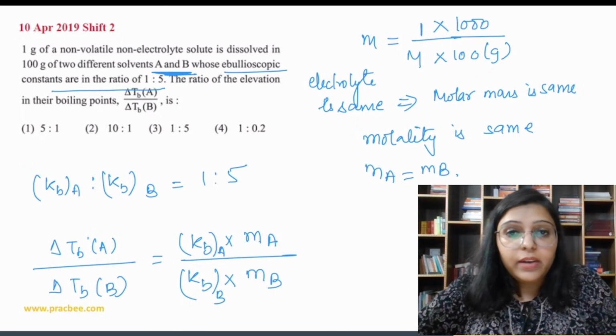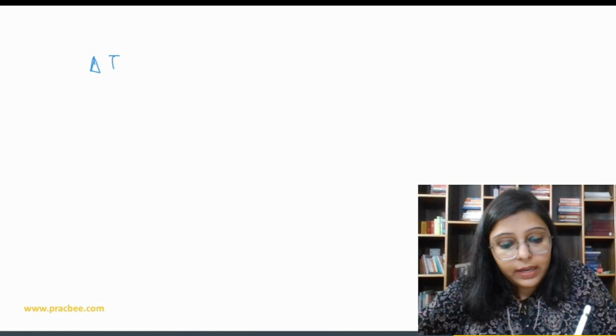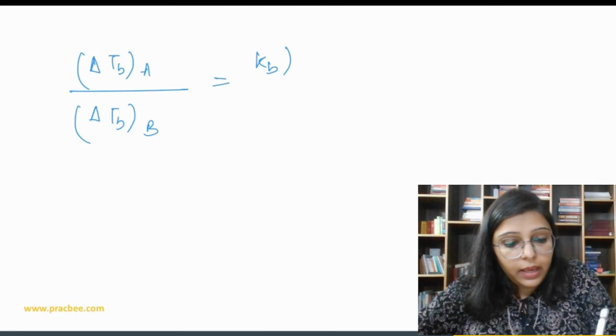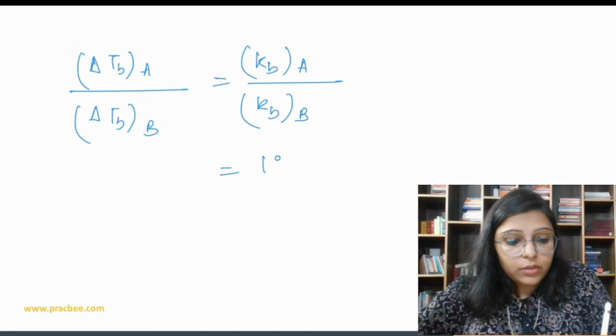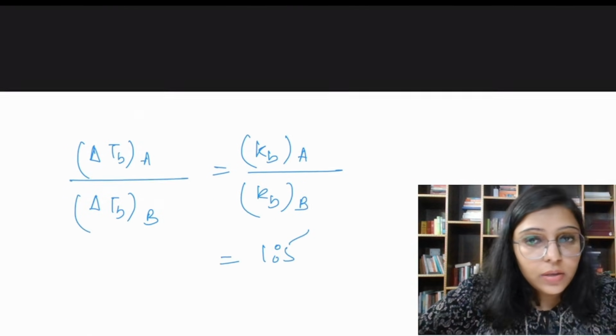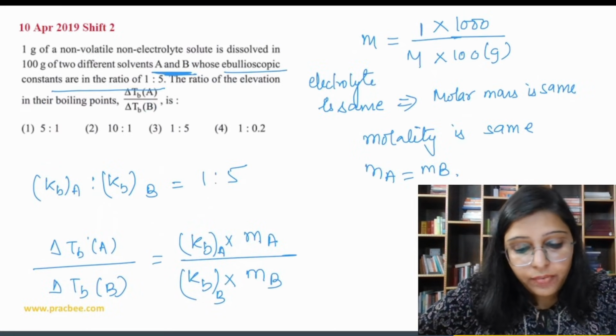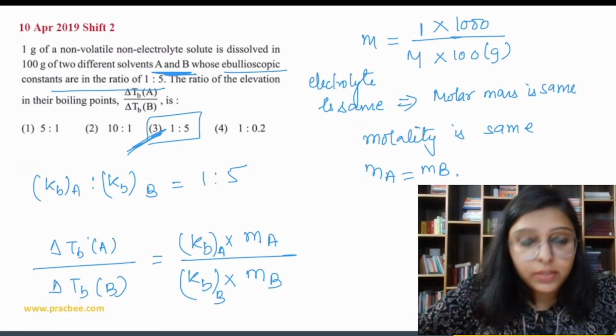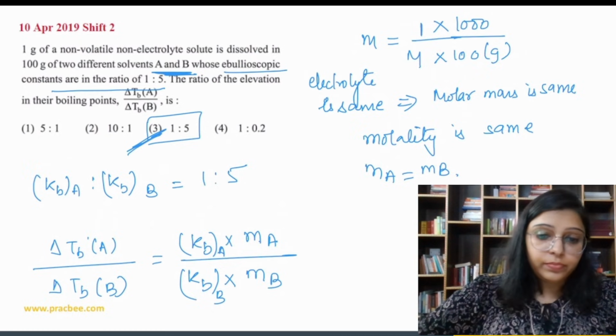So delta TBA upon delta TBB is equal to KBA upon KBB, which is 1:5, because molality is same. So option number 3 is the correct answer.